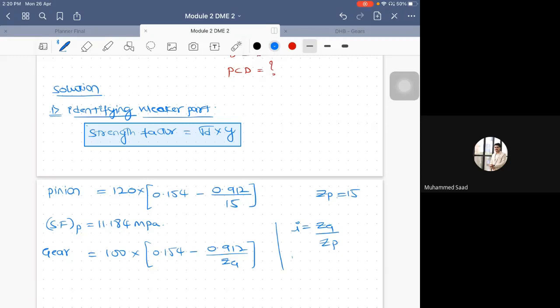From this, number of teeth on the gear equals i times Zp. How much is i, the velocity ratio? 3:1. So 3 times Zp, which is 15, gives 45 teeth. I would replace this with 45. Now, what would be the strength factor of the gear?